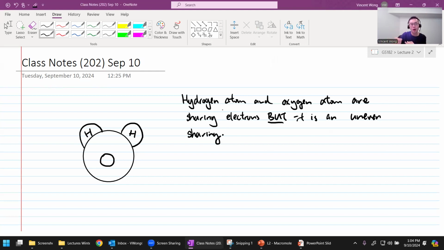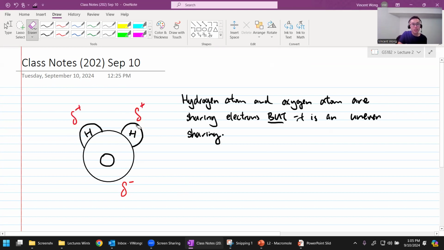Even though the hydrogen and oxygen are sharing the electrons, because of its properties, oxygen will pull the electrons towards itself. So the electrons will stay more on the oxygen side, making it slightly negative. This symbol that looks like an 8 but is not complete means slightly. Slightly negative. And the hydrogen becomes slightly positive.